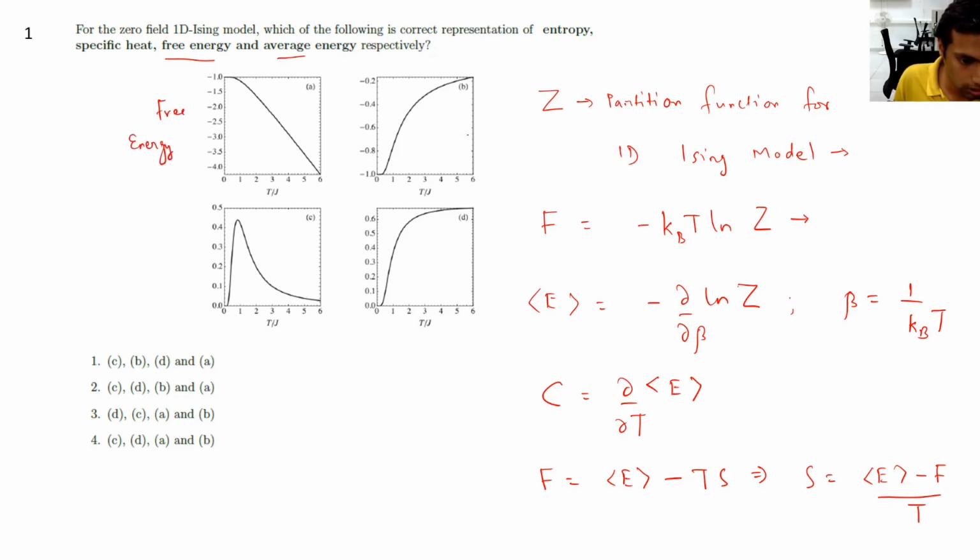Then for the average energy, you will get this. When you take the derivative of this with respect to temperature, you will get this as the specific heat, and then this is the entropy. So you have to follow this method.